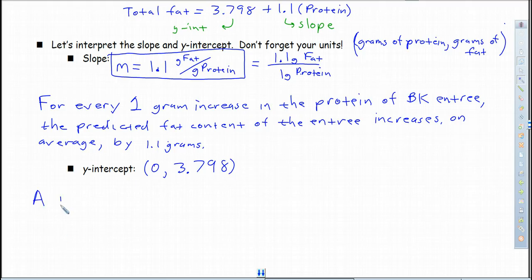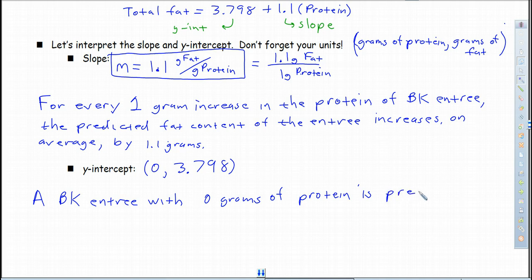So we could say that a BK entree with 0 grams of protein is predicted to have 3.798 grams of total fat, or just say fat.